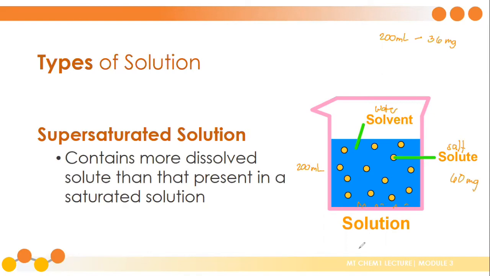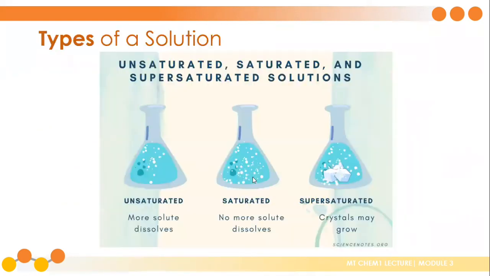Let's take a look at our picture or diagram for us to understand it much further. As you can see here, shown in this is the visualization of the three types of solution. So we have the unsaturated, where as you can see, more solute can dissolve because it only has less solute.